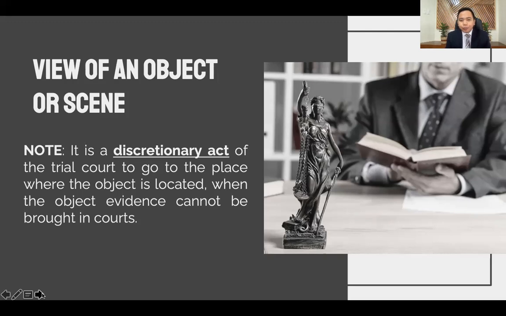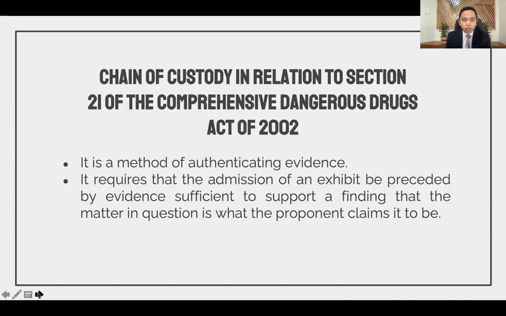So, class, you cannot compel, you cannot oblige, you cannot force, you cannot demand as a matter of right that the court will go outside the courtroom and inspect or view the object or scene because the ocular inspection is subject to the wise discretion of the court, meaning the court may or may not conduct the ocular inspection. So it is a matter of choice or discretion on the part of the court.